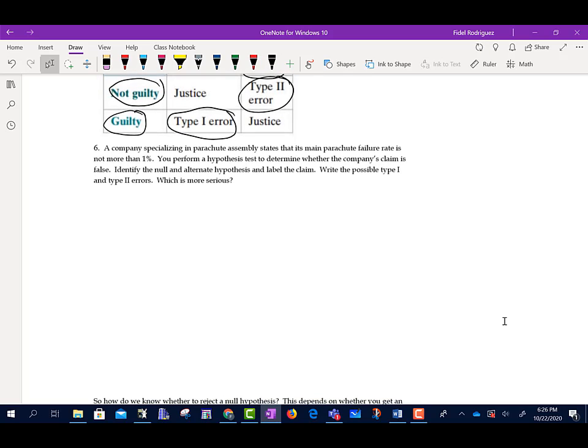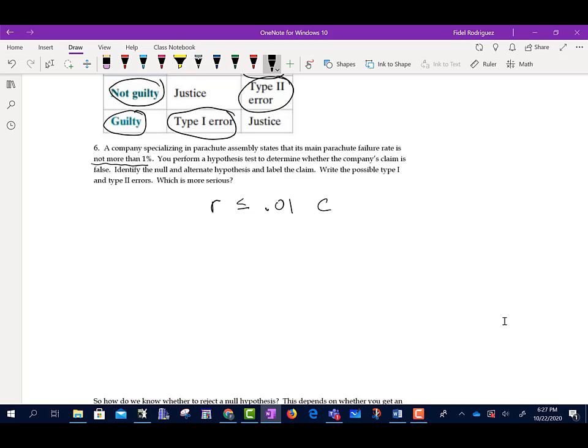We're going to explain that concept using this example. It says a company specializing in parachute assembly states that its main parachute failure rate is not more than 1%. So if the failure rate is not more than 1%, then that means the rate, call it R, is less than or equal to 0.01.